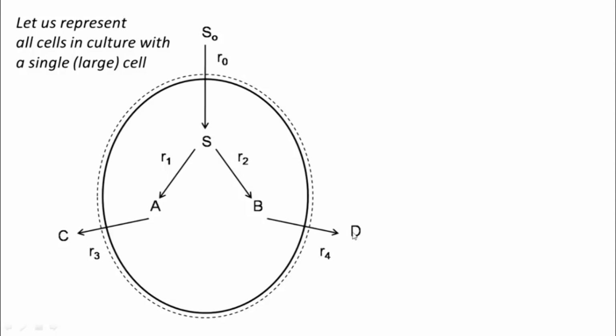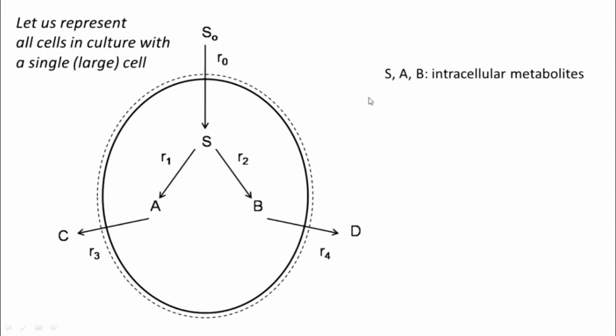B gets converted to D at the rate of R4, which comes outside. A gets converted to C at the rate of R3, which also comes outside. Okay. So this is the situation here. Let us say that this is some important metabolic pathway that is happening in the cell. This is the case.